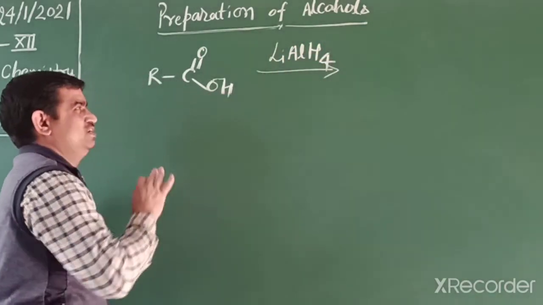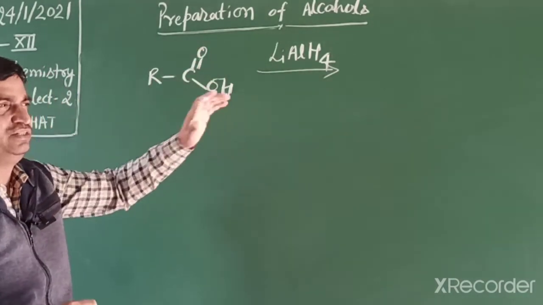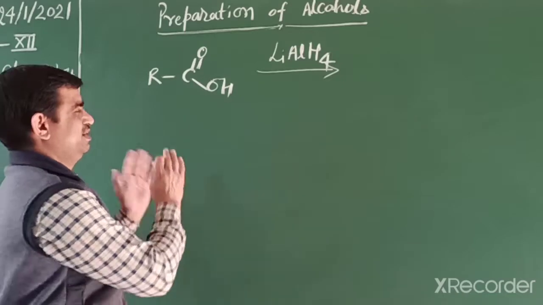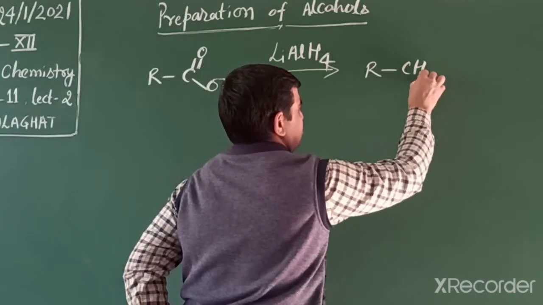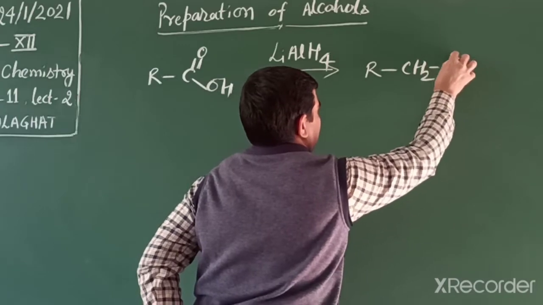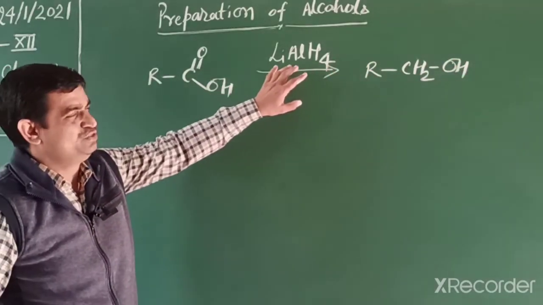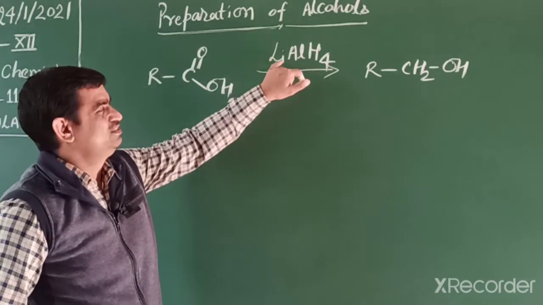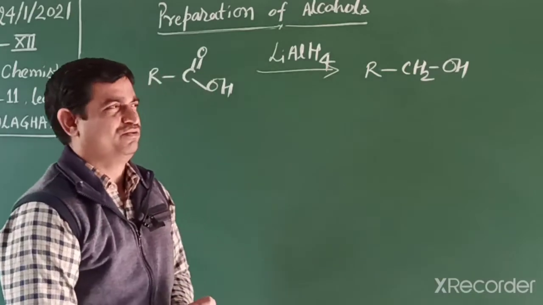This reagent is a very strong reducing agent. It reduces carboxylic acid into the corresponding alcohol, meaning we get primary alcohol. When carboxylic acid is reduced by the strong reducing agent lithium aluminium hydride, the product is primary alcohol.